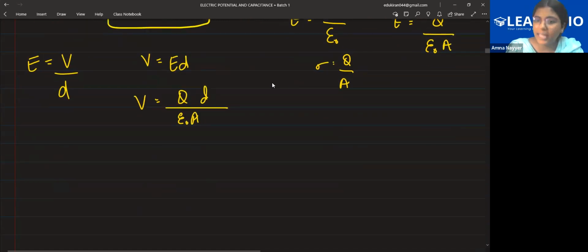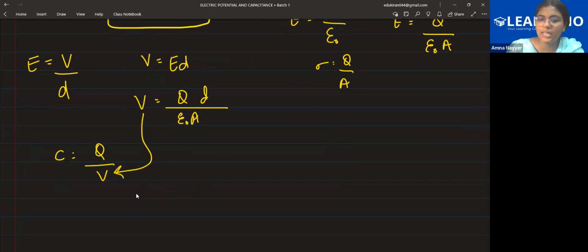Now, for capacitance we require the potential. Capacitance is charge by potential, so let's put the value of potential here. Charge divided by Q D over epsilon naught A; QD will come down and epsilon naught A will go up. That's it.